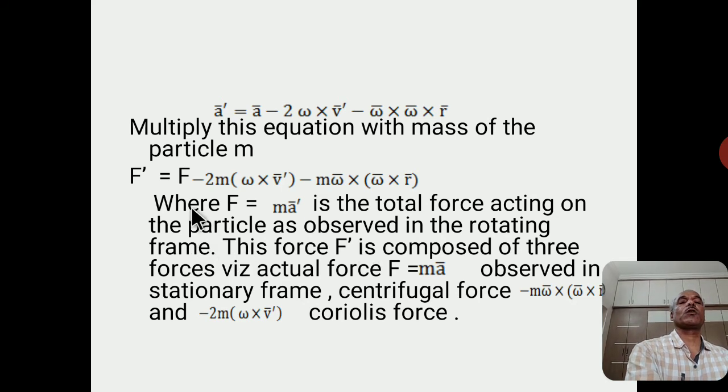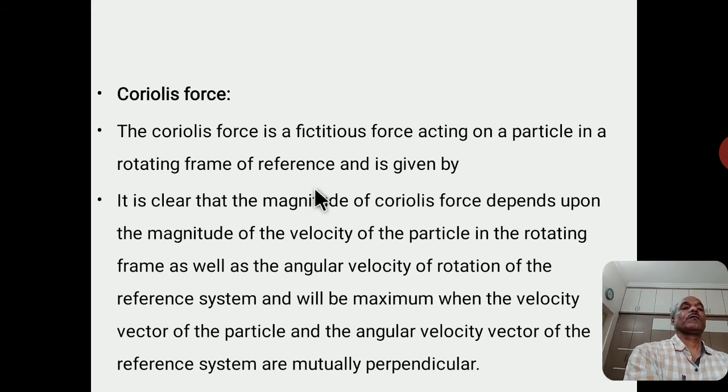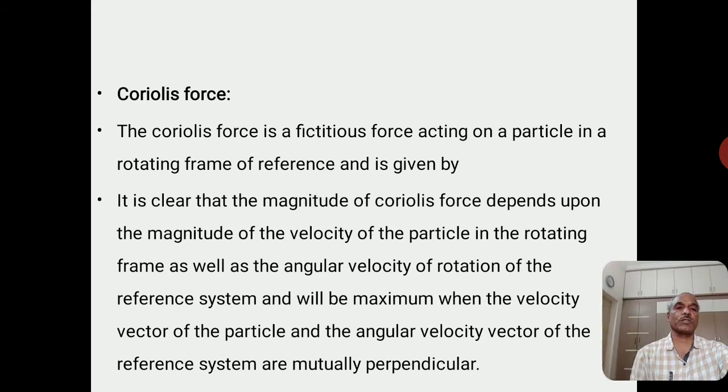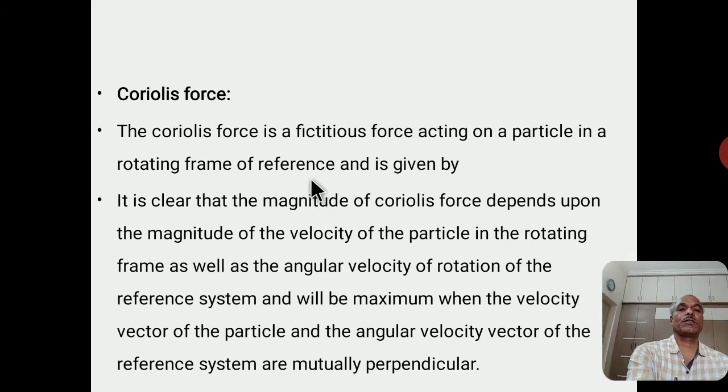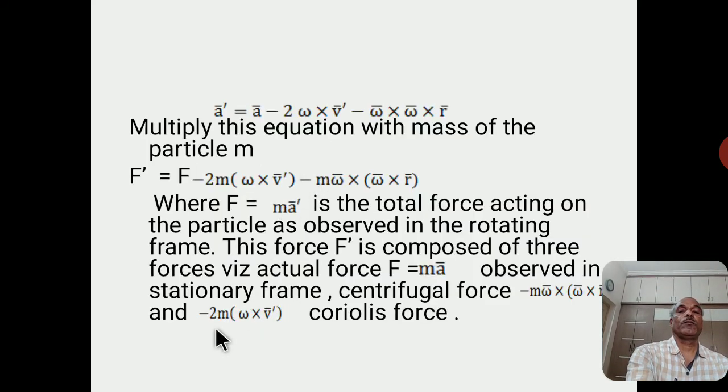This force is composed of three forces: F, which is equal to ma, the force observed in the stationary frame, the centrifugal force minus m ω cross (ω cross r), and the Coriolis force minus 2m ω cross v'. Therefore, Coriolis force is a fictitious force acting on the particle in a rotating frame of reference and is given by minus 2m ω cross v'.